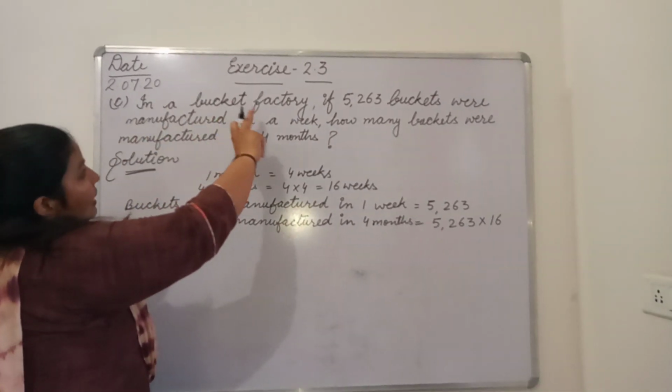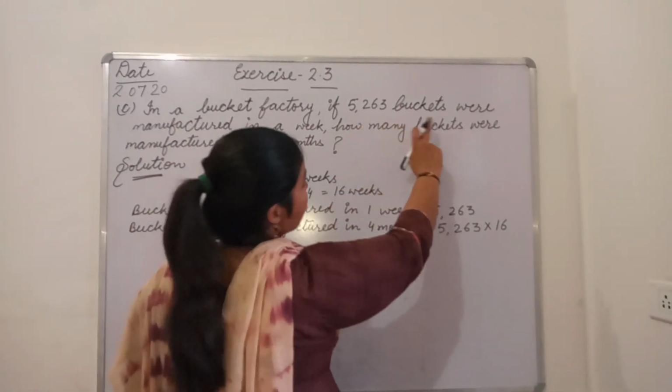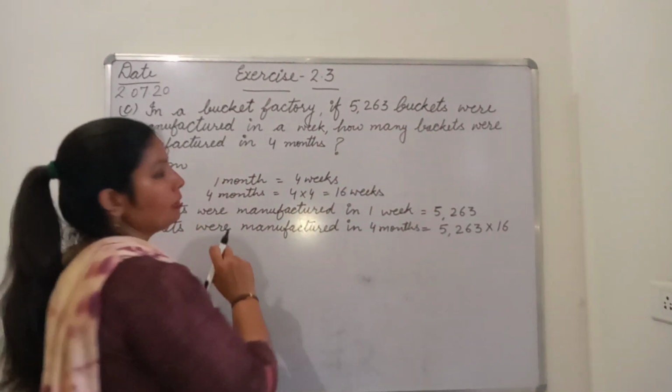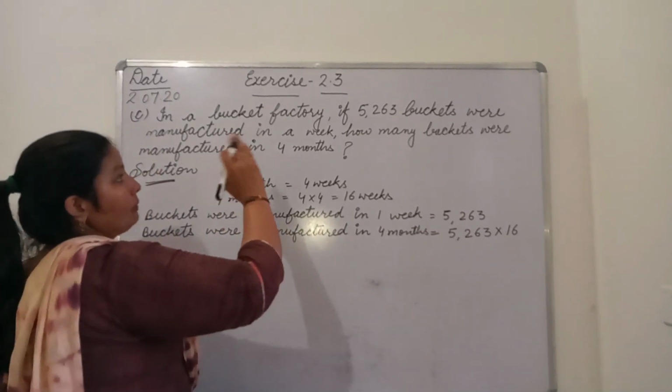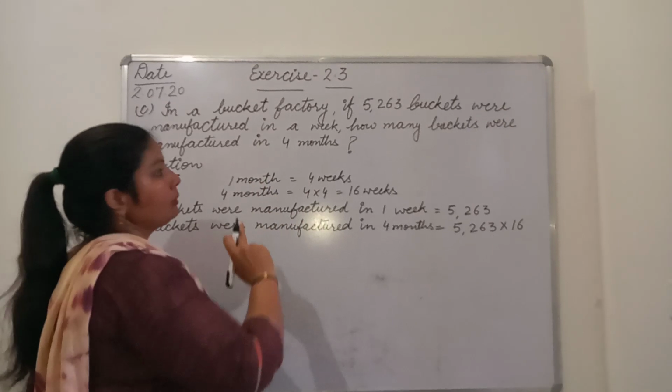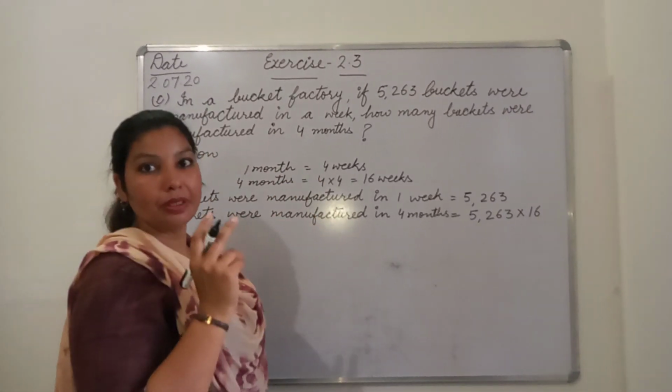In a bucket factory, 5,263 buckets were manufactured in 1 week.